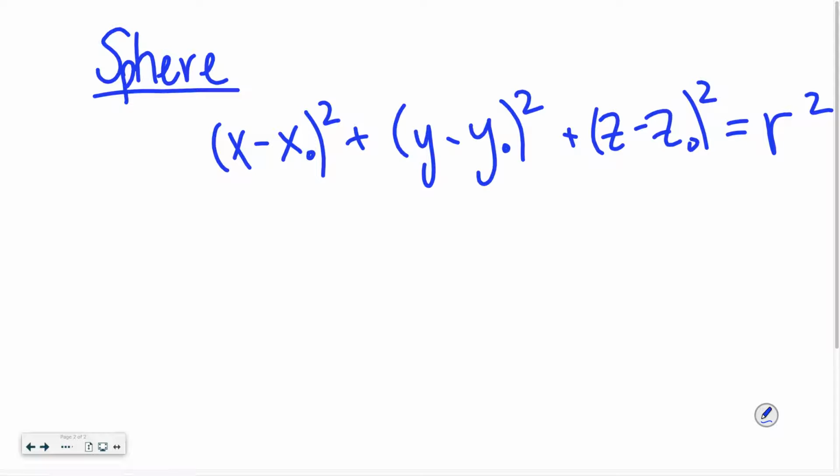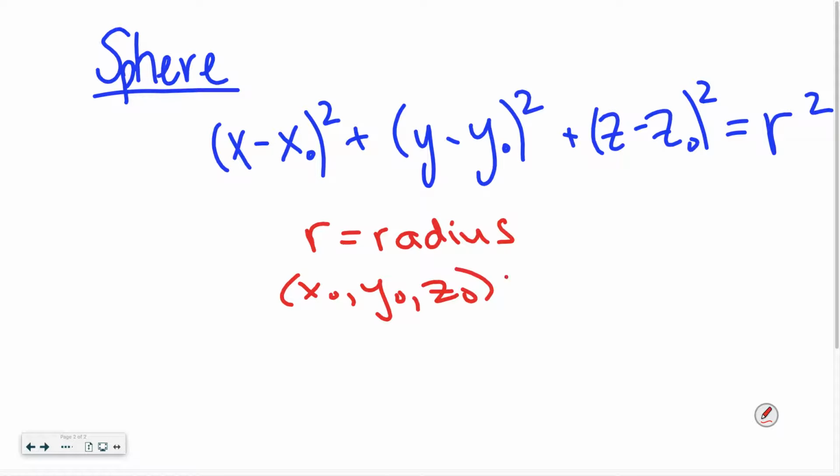Where R is the radius and x naught, y naught, z naught is the center.